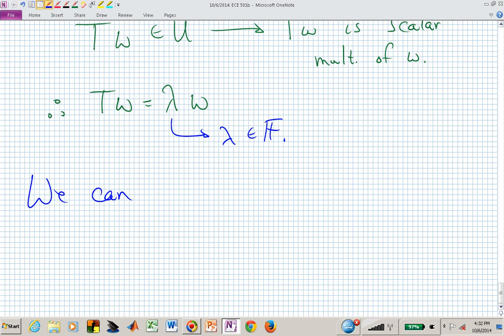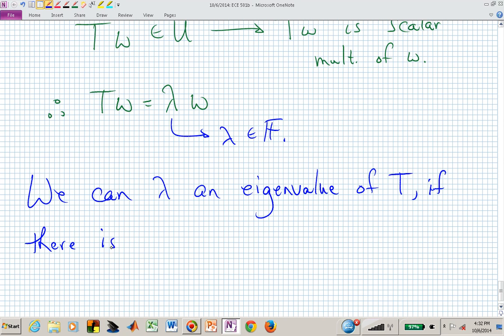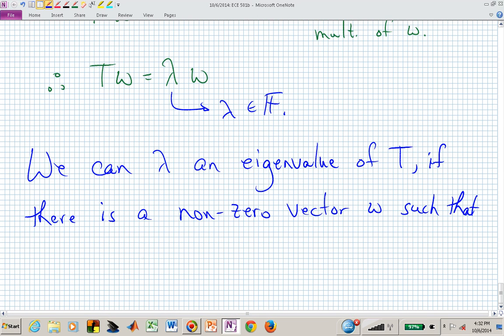We call lambda an eigenvalue of this operator T, if there is a non-zero vector w such that Tw is equal to lambda w is true.